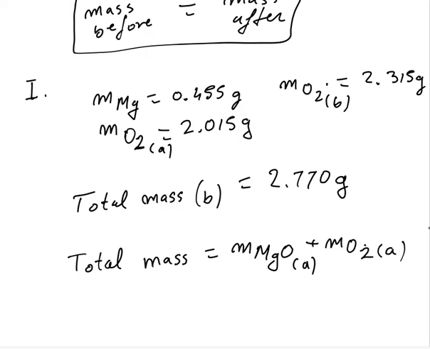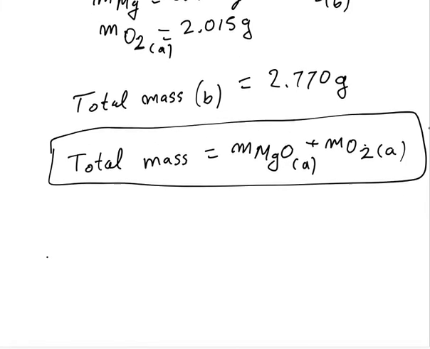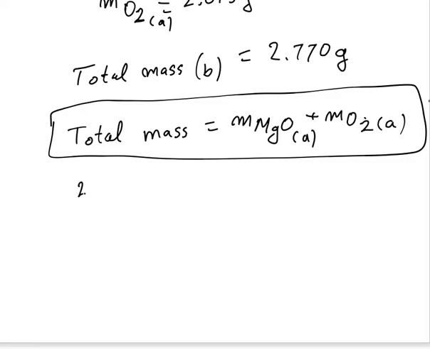Now, do we know the total mass? Yes, we know. This is very important. The total mass is 2.770 grams. Do we know the mass of magnesium oxide? No, we don't. So the mass of magnesium oxide is still unknown.